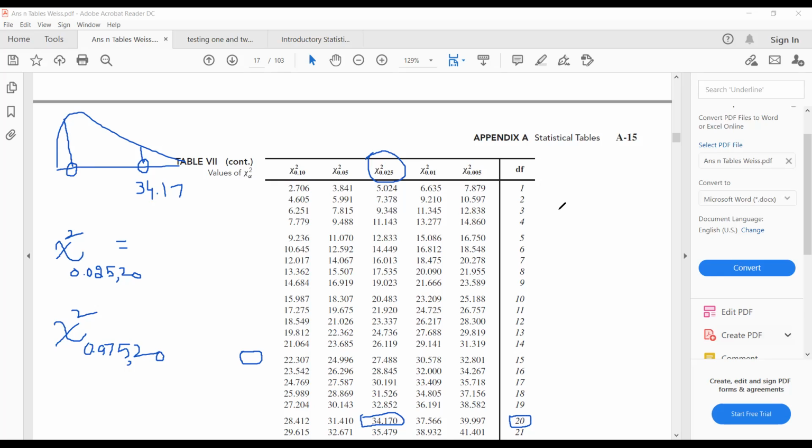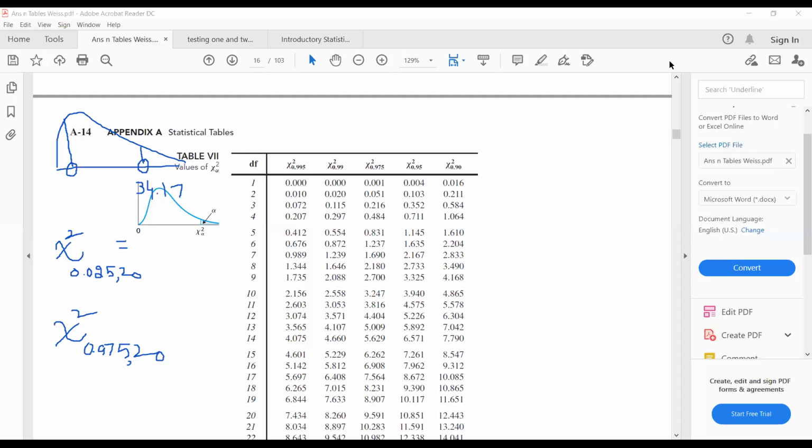This can be obtained by looking up 0.975. 20 degrees of freedom is this. The number in the middle column is 9.591. So this number is 9.591.